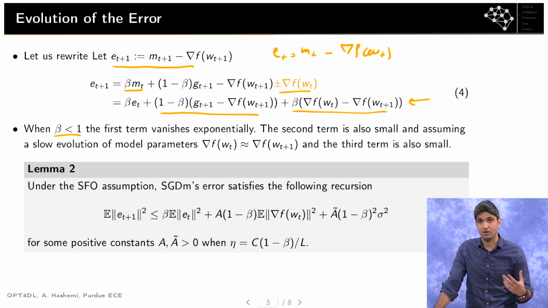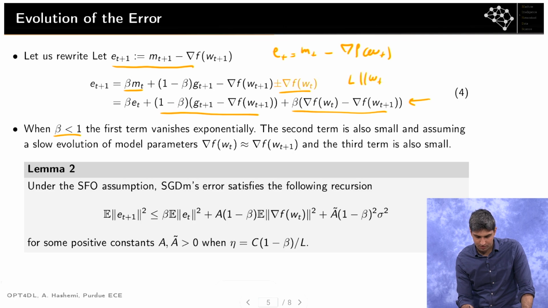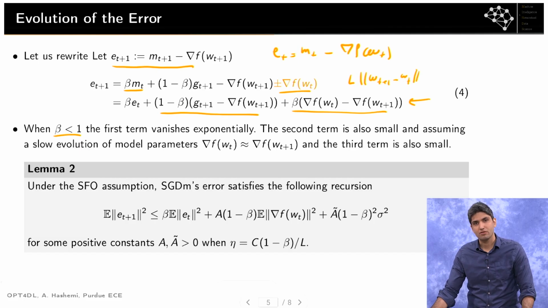For instance, if our function is L-smooth with a very small smoothness constant, that effectively means this difference is just L times the difference of w_{t+1} and w_t. So if L is small, this will be small. Also, if I'm using a very small learning rate, such that the difference between w_t and w_{t+1} is not too large, this term will also be small.